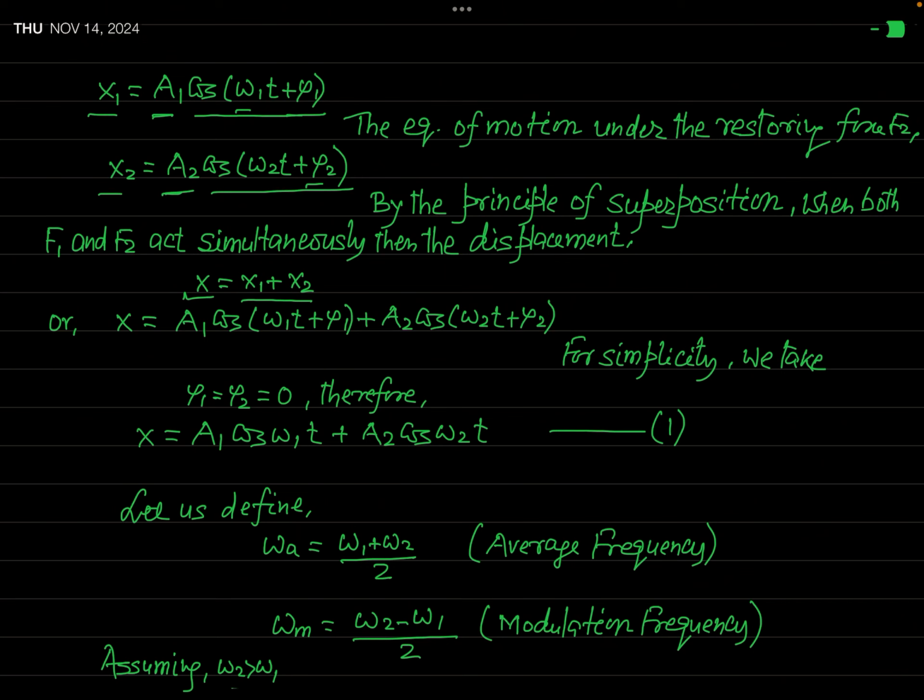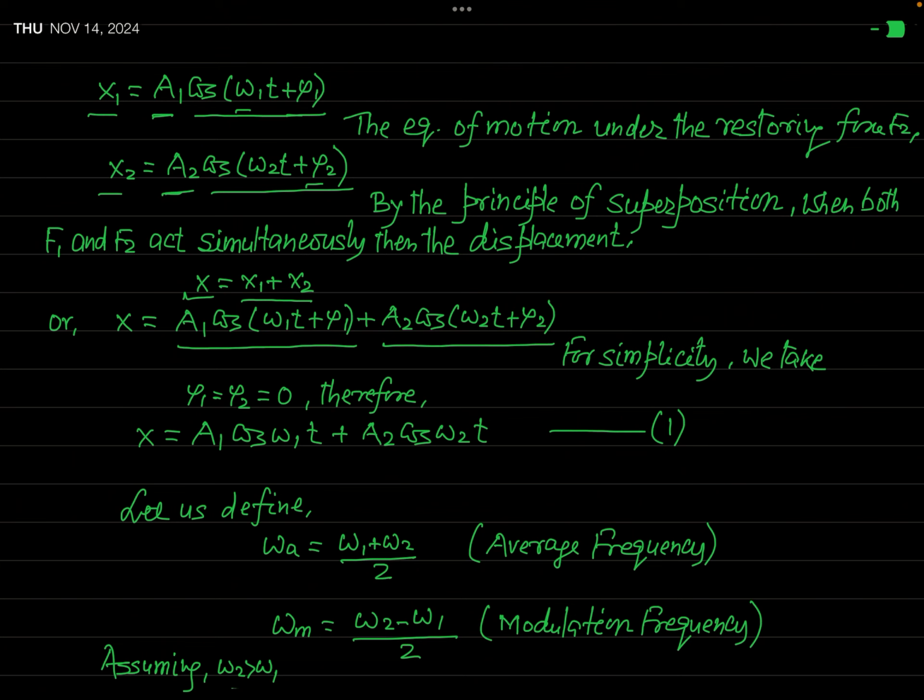Now, let us substitute the values of x1 and x2 which we have written above. So, x equals a1 times cosine of omega 1 t plus phi 1 plus a2 times cosine of omega 2 t plus phi 2.